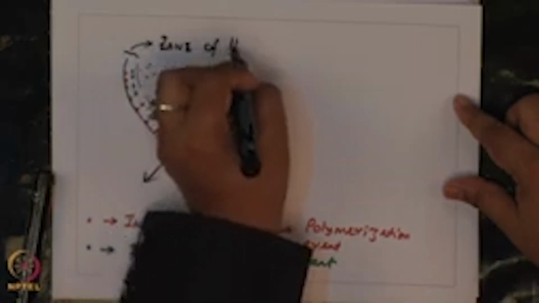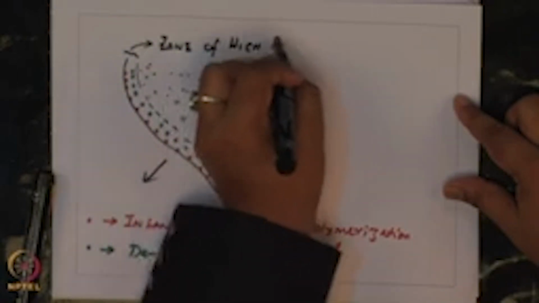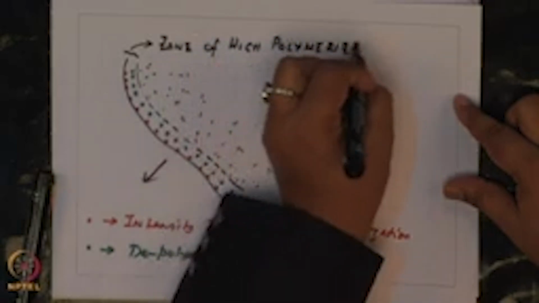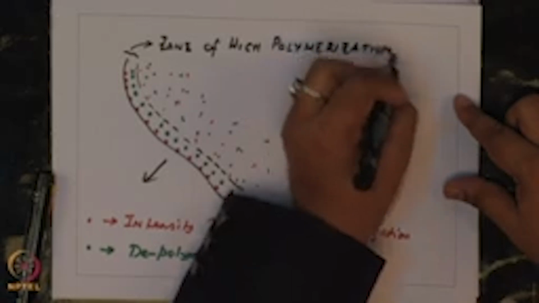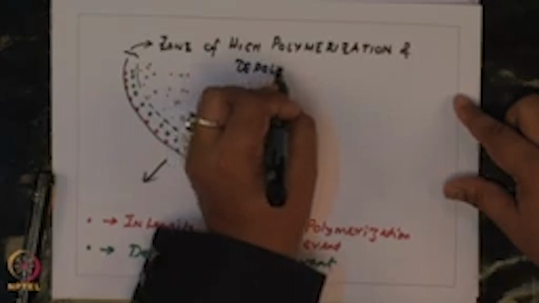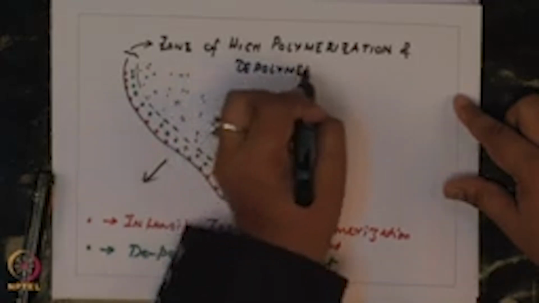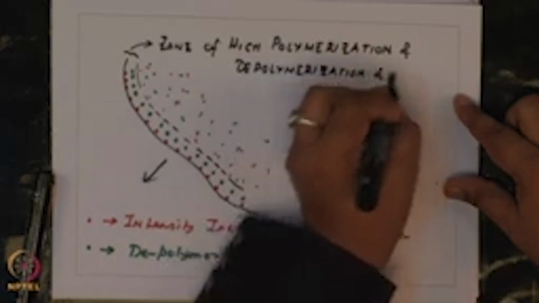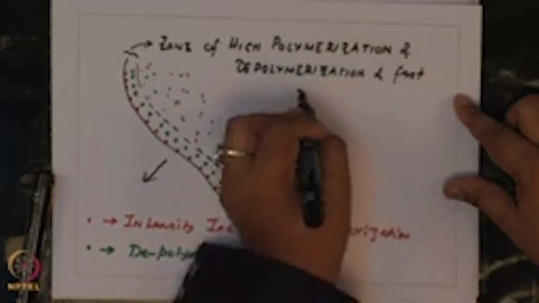So, what the authors did was call this zone a zone of high polymerization and depolymerization, and fast retrograde flow.